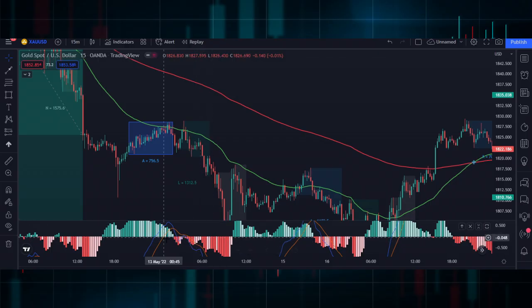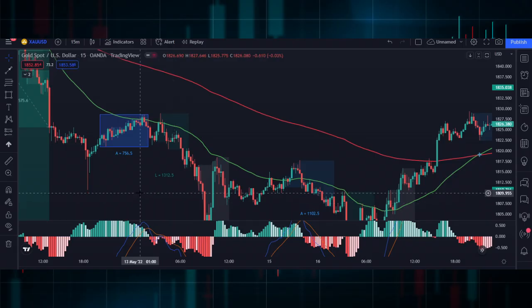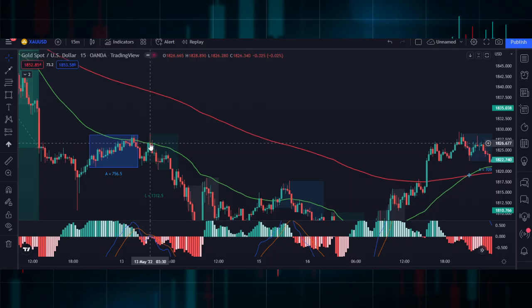But I think I mentioned this in my Euro USD breakdown video. In a case like this, where there was not any change from the green bars to the red bars or red bars to the green bars on the histogram of the MACD, we just take the trade after the very first candlestick in the direction we're looking to go.